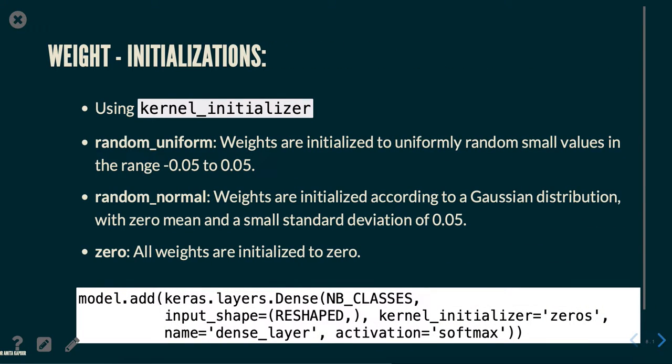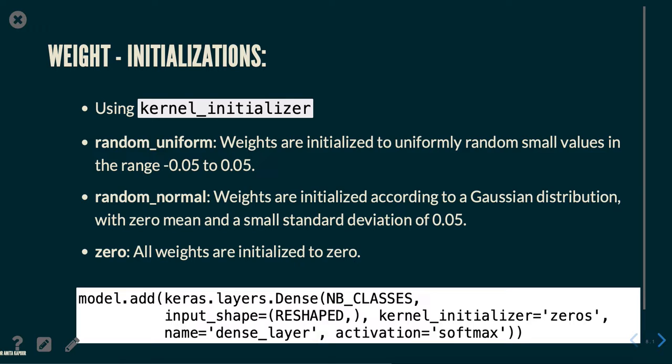Now, one important thing when we are defining a model is thinking about weight initializations. For any reproducible result, it is important that weights are initialized properly. There are a lot of options within the TensorFlow API to declare different types of initializations, and we can do the weight initializations using the parameter kernel initializer.